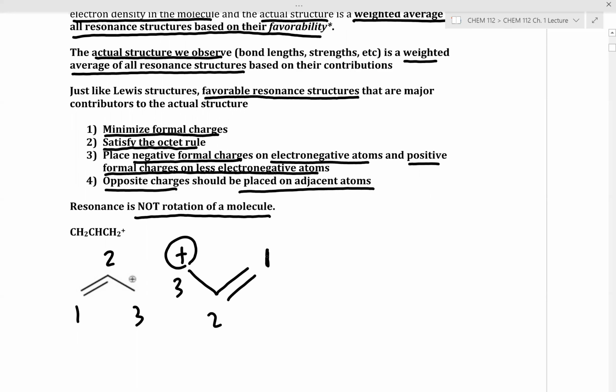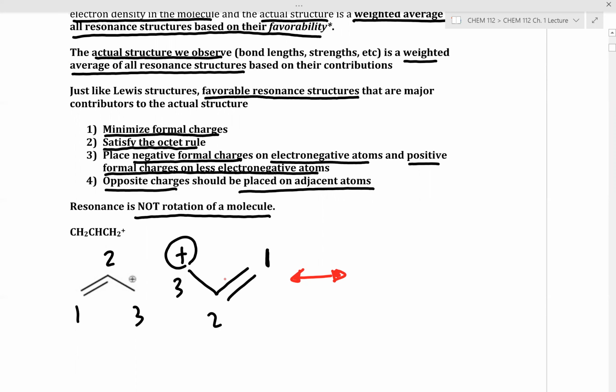If you have not changed the distribution of electron density between your atoms, you are not drawing a resonance structure. Notice how in these two structures, is the positive charge still on carbon 3? Yes. So make sure you don't fall into the habit of just rotating your molecule. Resonance is not rotation. An example of a resonance structure, and to showcase I'm drawing a resonance structure, I'm going to use these double-headed arrows.